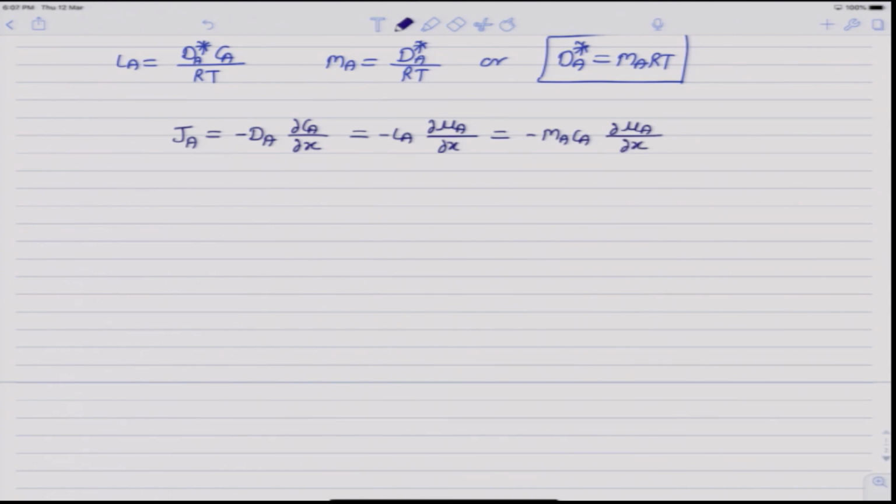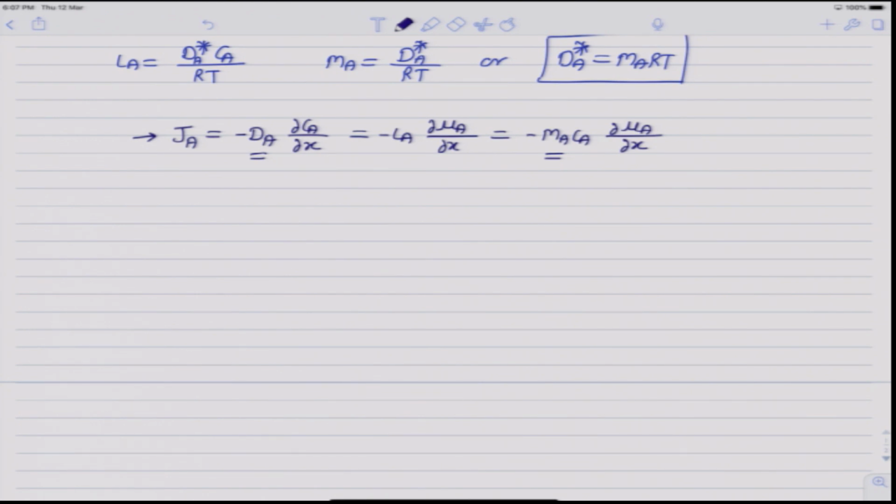Now, I need to relate the interdiffusivity term D_A with the mobility M_A, which means I need to express this ∂μ_A by ∂x term in terms of ∂C_A by ∂x.